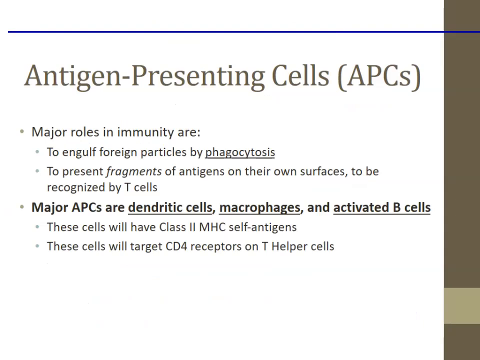So would an APC have a class 2 MHC profile? Yes, it would. What would it be sensitive to? CD4 receptors. What has CD4 receptors? T helper cells. So somehow, some way, you're going to need to match up that information. T helper has a CD4 receptor, which is going to be sensitive to a class 2 complex protein sequence. You're just going to have to put that in a little burrito and eat it.